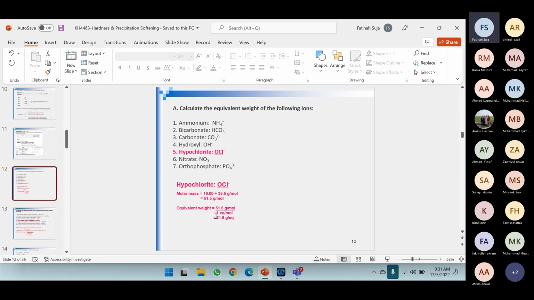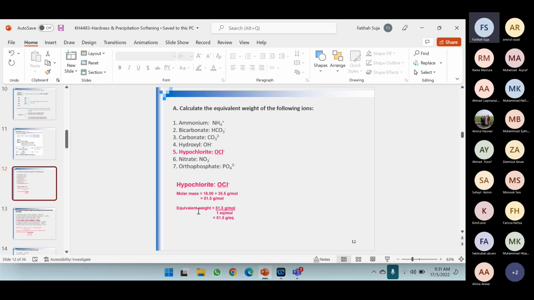So the equivalent weight is 51.5 gram per mole divided by the valence charge. This is 1. Minus is 1, meaning only 1. So 1 equivalent per mole. So finally you will get 51.5 gram per equivalent.